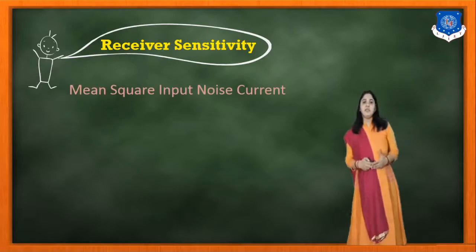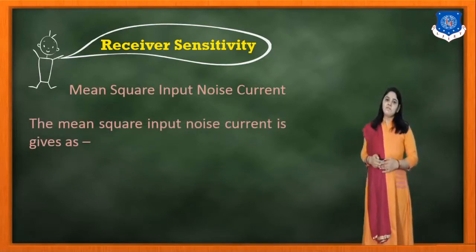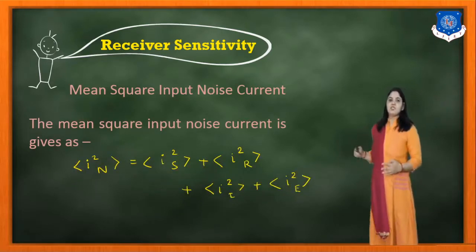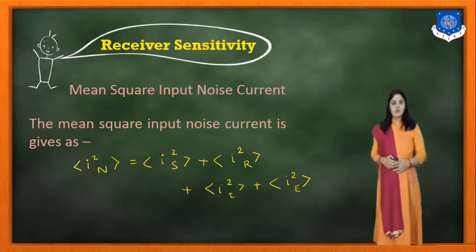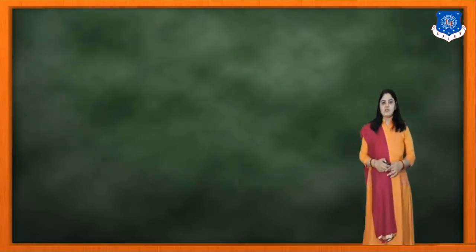So the mean square input noise current is given as IN² is equal to IS² plus IR² plus IE² plus IT².